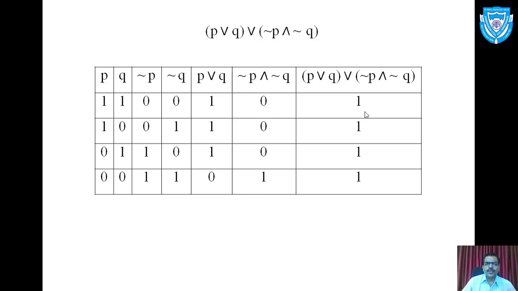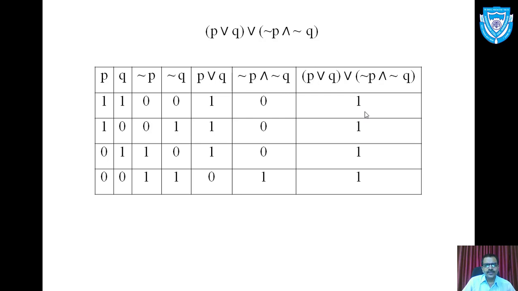Now to obtain the truth values of negation of P and negation of Q, take the reference of the truth table of conjunction. So according to the truth table of conjunction, in column number 6, the corresponding truth values are 0, 0, 0, 1.